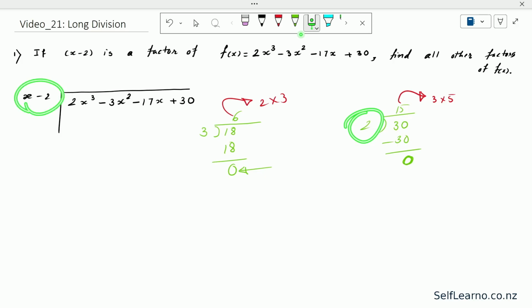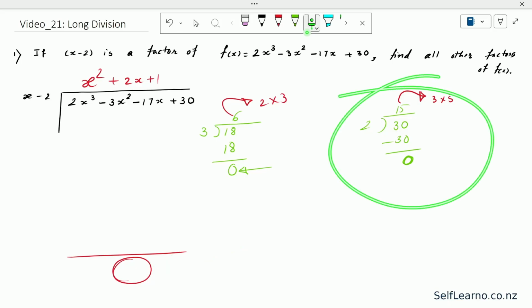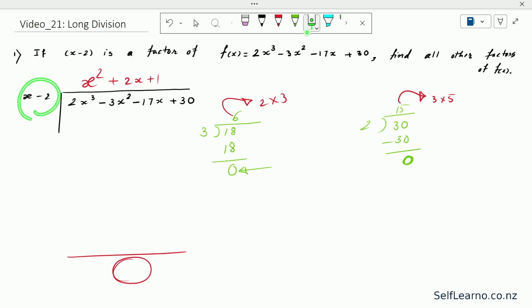So what will happen over here is, this is analogous to this. I'm dividing this by x minus 2. At the end, the remainder will be 0, and here I will get a polynomial, something like this. As we get the remainder 0, we can conclude that x minus 2 is a factor of the given polynomial. And if I factorize this, I will get another two brackets.